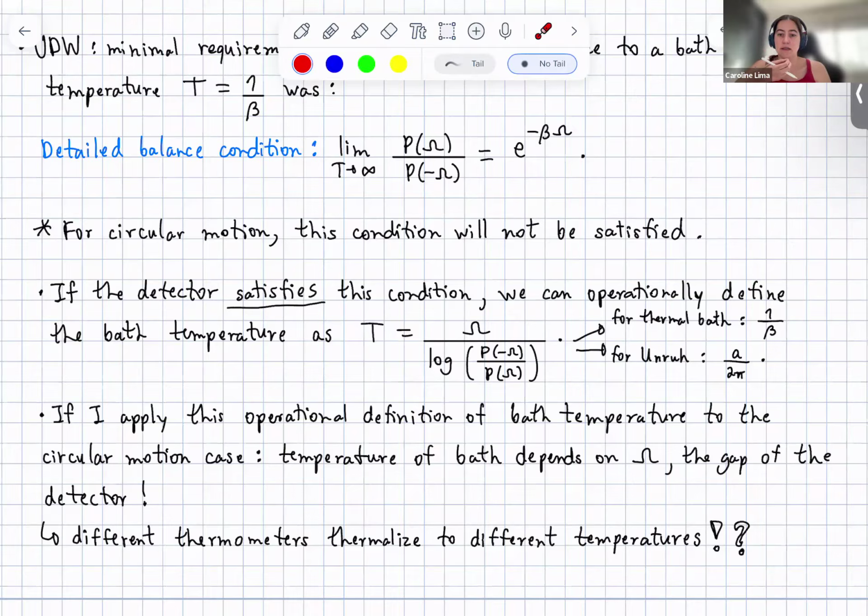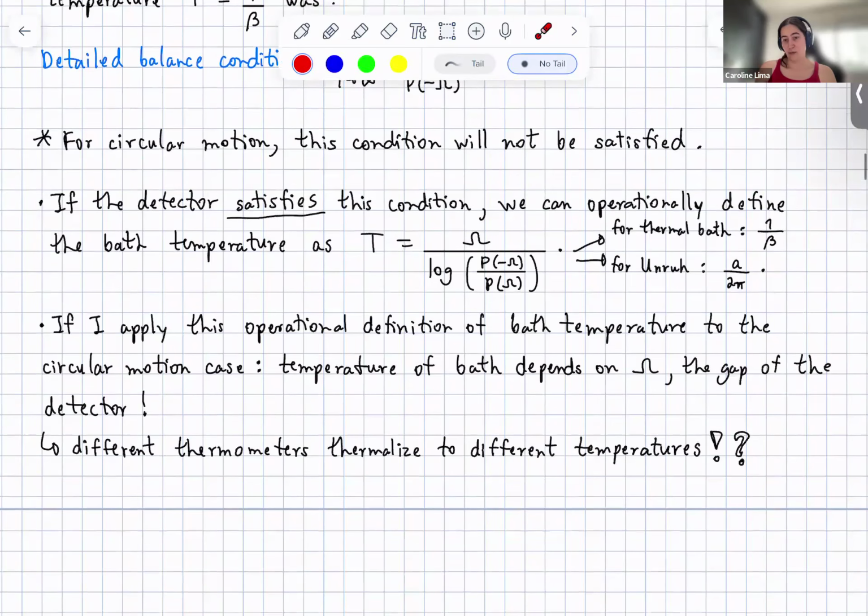Otherwise, what kind of bath is that, where if I put one thermometer that I choose, I'm going to find some temperature, and then you put another thermometer that you like more, you're going to find another temperature? That doesn't really sound physical. It doesn't sound like a thermal bath, right? A thermal bath should be such that all thermometers thermalize to the same temperature. But that's basically the intuition here.